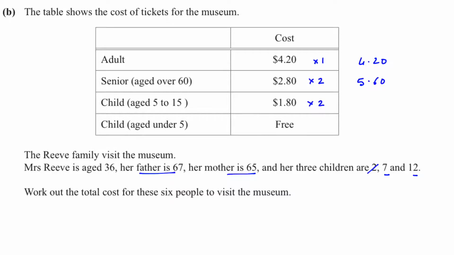So there are 2 of them. 1.8 times 2 is 3.6. So this is the total cost of the tickets for the 6 people. $13.40.